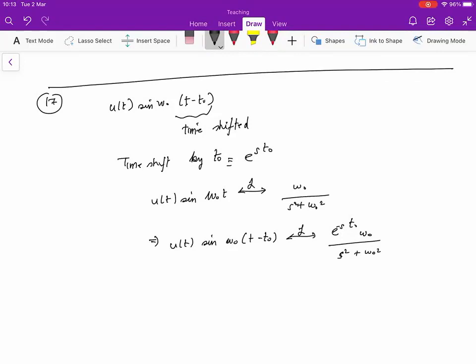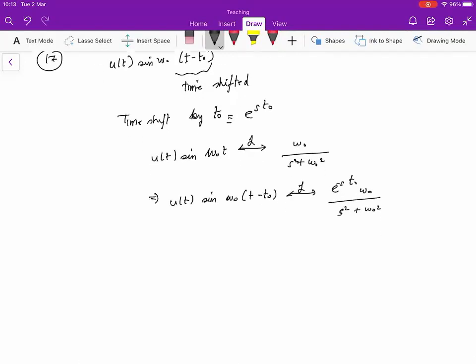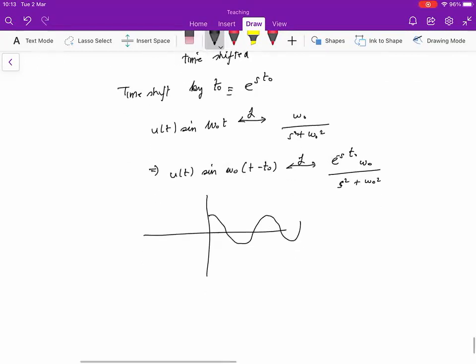If you think about it, I have the sine function over here. Sorry, it goes the other way around. That's the cosine function. The sine function goes like this basically. And what I'm doing is shifting it to the right by t minus t naught. Let me see.